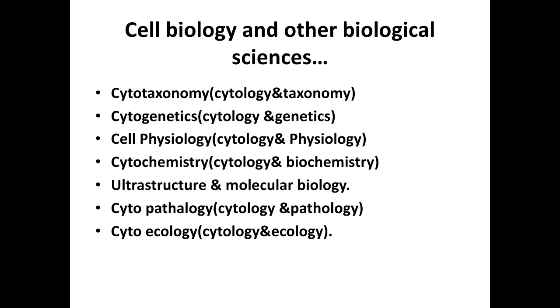Second, cytogenetics studies cytology along with the genetic concept of the plant body. Then cell physiology is the study of cytology along with plant physiology. Then cytochemistry is the branch of cytology that is studied along with biochemistry.